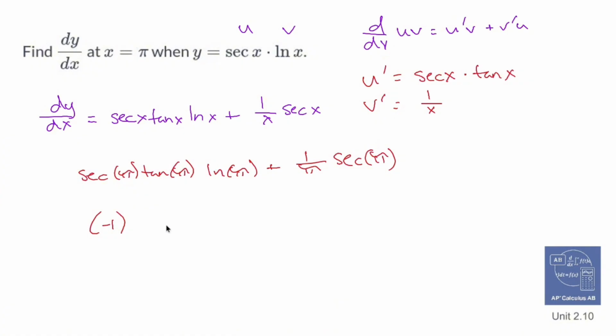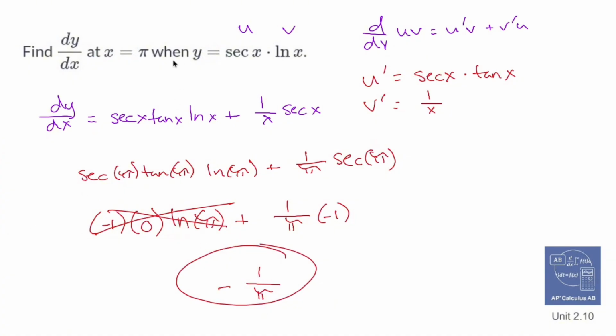So secant pi is -1. Tangent pi is nothing. So I don't really care what ln of pi is because it's just going to disappear anyway. Plus 1 over pi. Secant pi, again, is -1. So 1 over pi times -1 is -1 over pi. So that's going to be my guy right there.